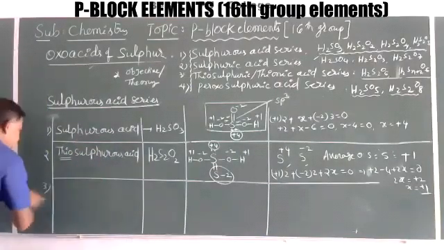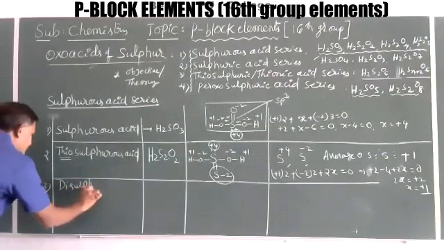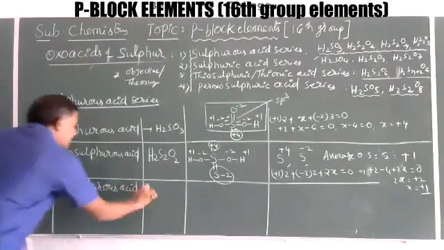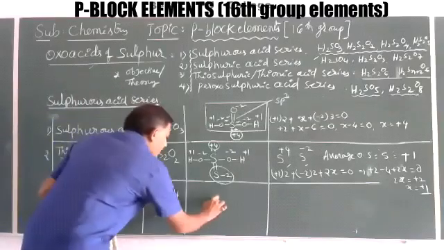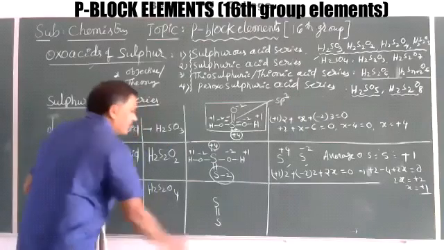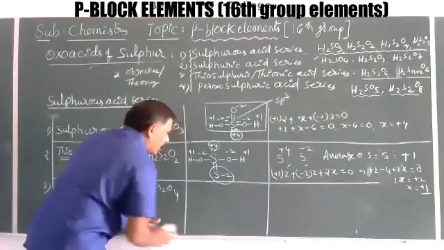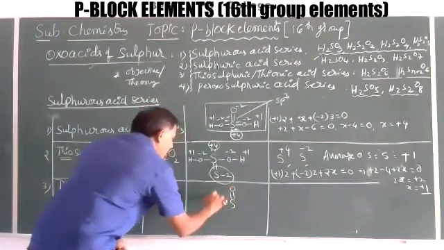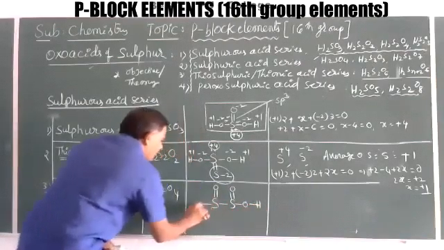So the third one is disulfurous acid, that is H2S2O4. Now here 2 sulfur atoms are there, and here there is one double bond, or we can also take it like this. Your S bond is your double bond O, and your OH and your OH.